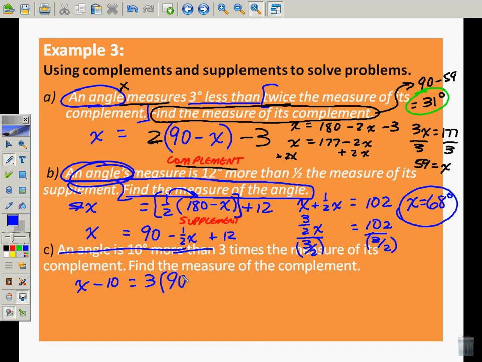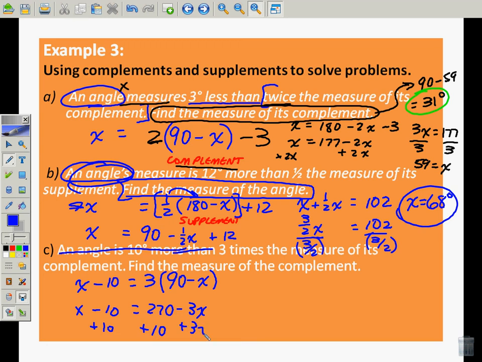Find the measure of the complement. Okay, so I've got 90 minus x. So what I'm going to do is 3 times 90 is 270 minus 3x. I've still got x minus 10 on this side. I'm going to add 10 to both sides. I'm going to add 3x to both sides. I'm combining like terms.